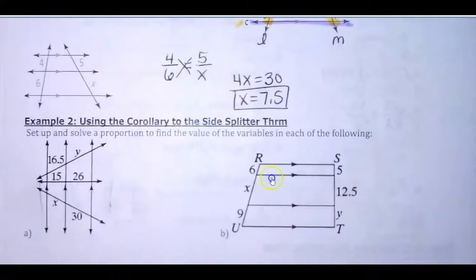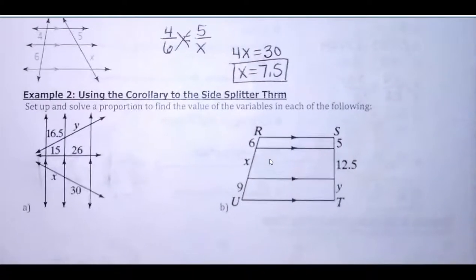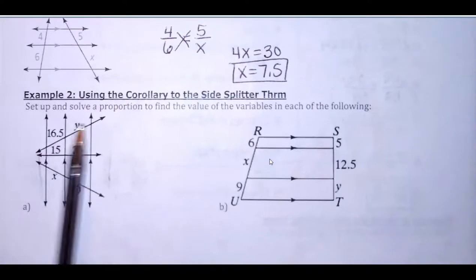Okay, so in this diagram, if I want to find x or y, this actually has the parallel lines going vertically. There's different ways you can do this. The parallel lines cut off proportional segments, and you don't have to use all 3, you could just use 2 of the parallel lines.